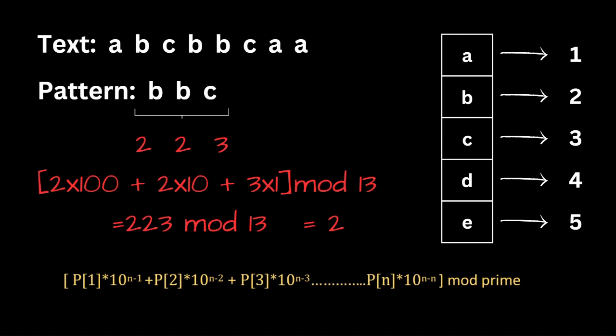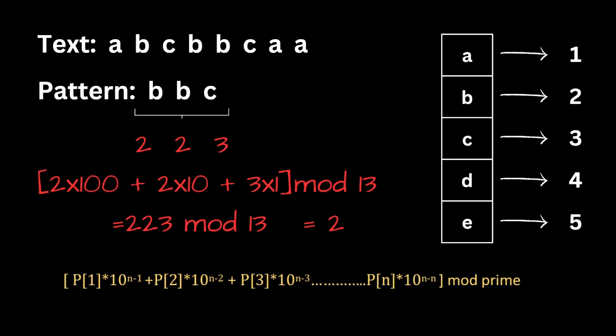Now let's calculate the rolling hash function of the pattern. As we have assumed the values of the alphabets as 1, 2, 3, 4, we use the same values to calculate the rolling hash function, which is 2 into 100 plus 2 into 10 plus 3 into 1, mod 13.